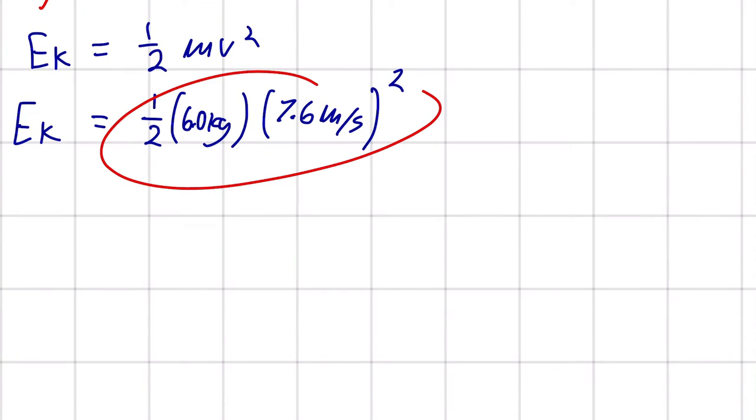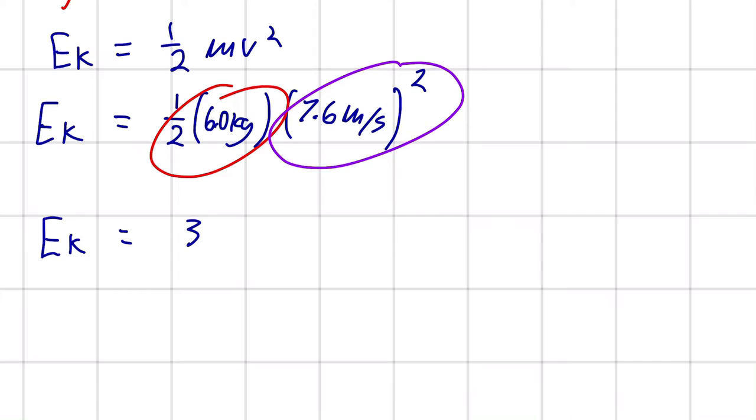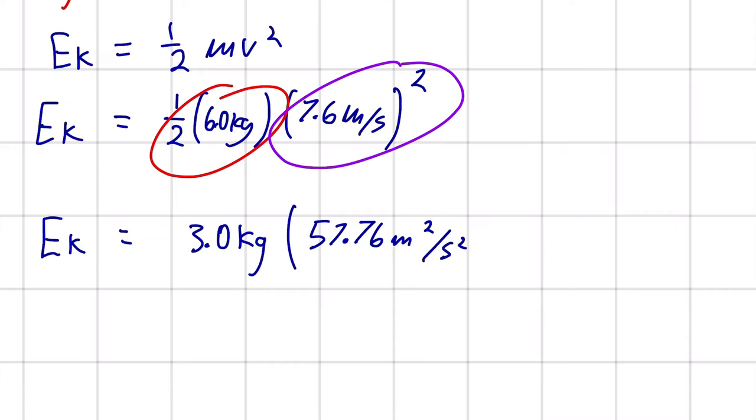So now let's just put these numbers into our calculator. EK is equal to, I'm going to do this separately and this separately in this step. So 3.0 kilograms multiplied by 57.76 meters squared per second squared.